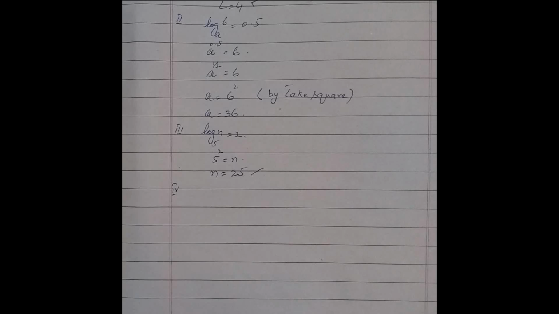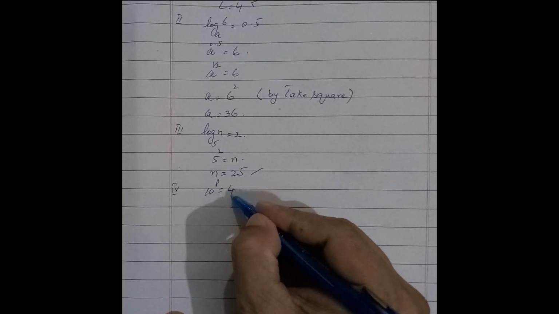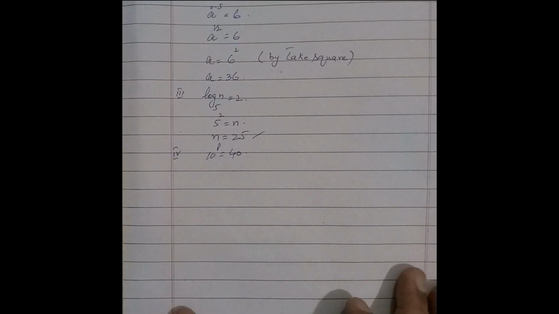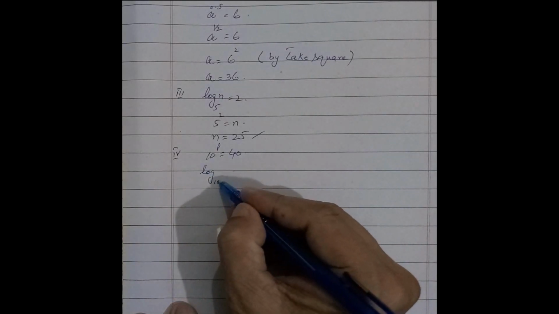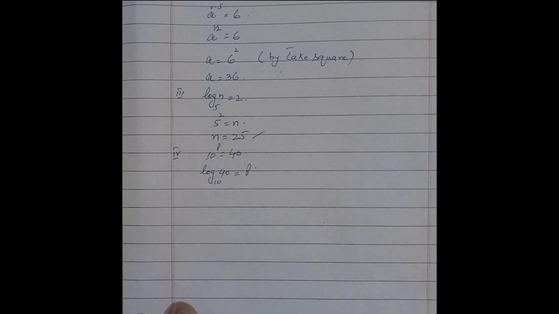The fourth part is in exponent form: 10's power p is equal to 40. When we write it in logarithm form, log base 10 of 40 is equal to p, so we take log of 40 whose base is 10.